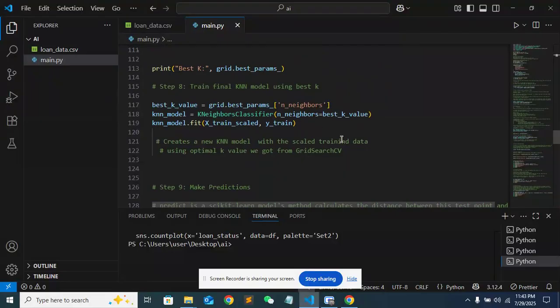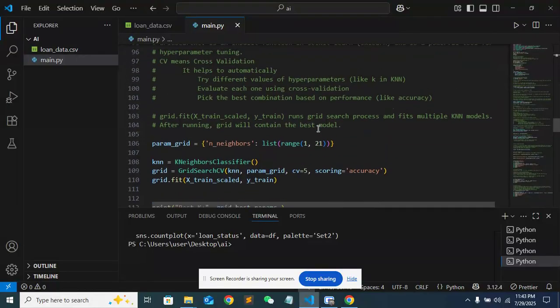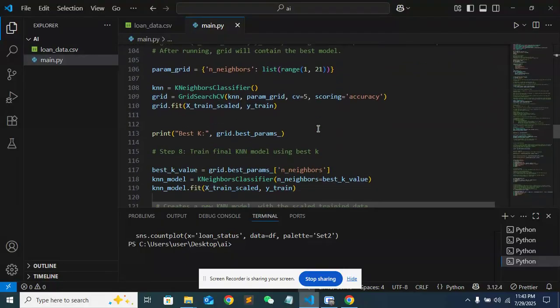After cross validating, cv equals 5 means that the dataset will be divided into 20 percent, 5 times, and every time it uses 20% and separates the rest 80%, works on 20%, and separates the 80%.